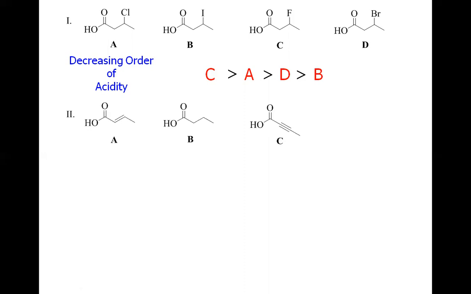For the second part, you were given three carboxylic acids. The difference lies in the presence of the bond. A has the double bond, B has the single bond, and C has the triple bond.